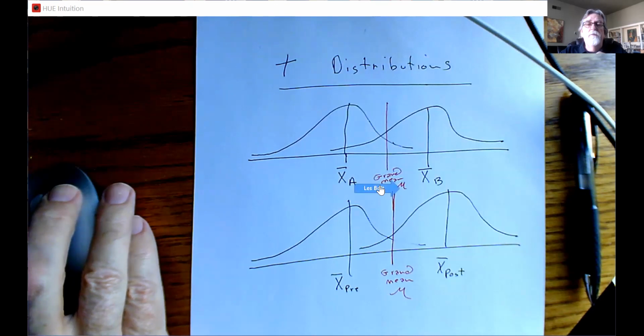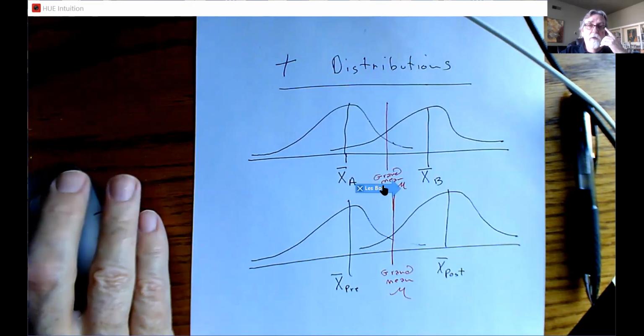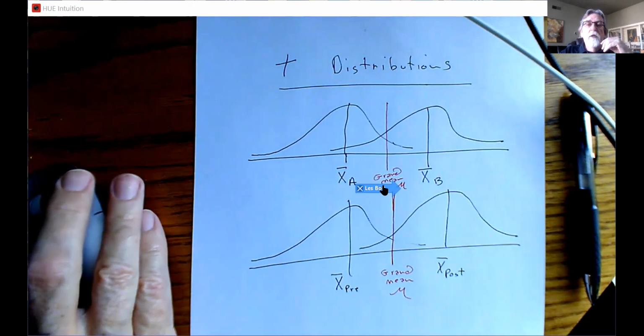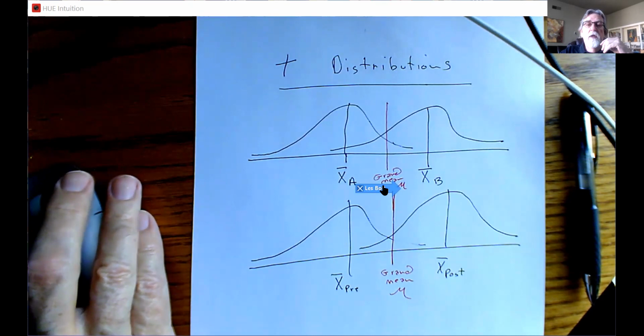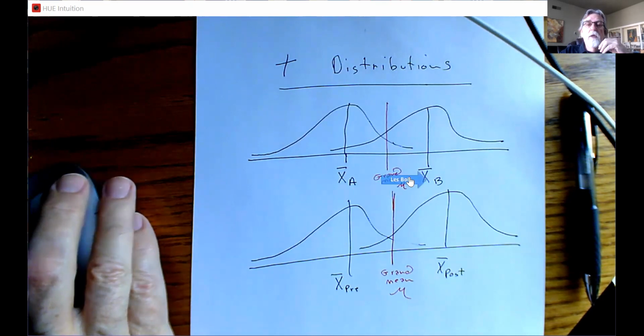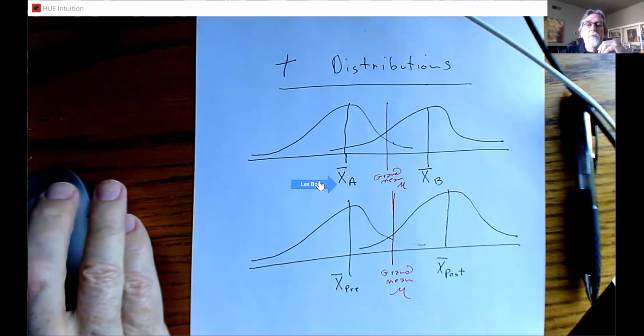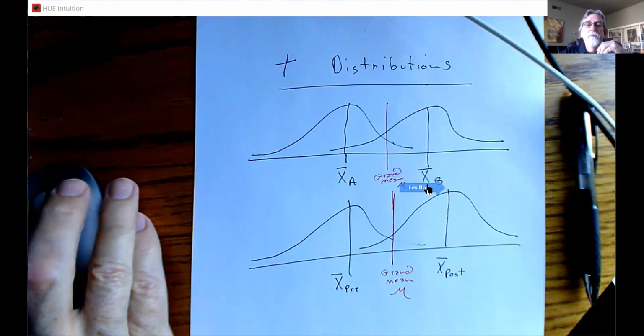And we have two groups that are drawn from those populations, theoretically, hopefully by random selection. And so we have group A and group B. The X bar represents the mean of a sample, so the mean of group A, and then we have another distribution for the mean of group B.